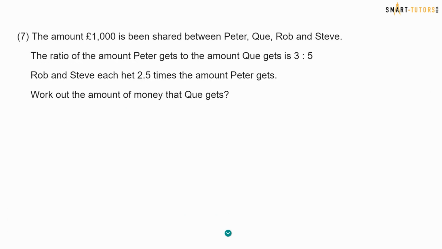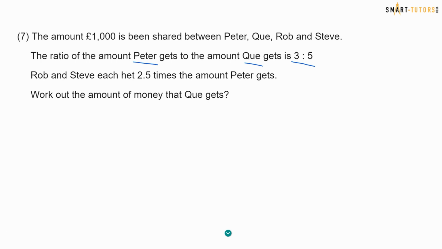Let's look at question number 7. The amount £1,000 is being shared between Peter, Q, Rob and Steve. The ratio of the amount Peter gets to the amount Q gets is 3:5. So Peter is to Q is given 3:5.